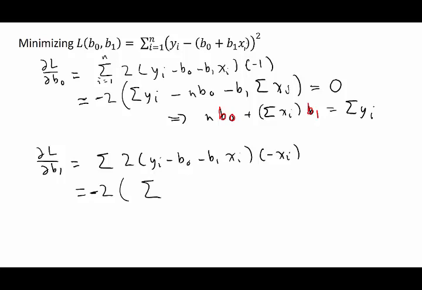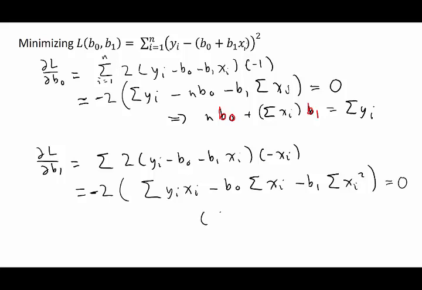Now we need to multiply each of these terms by xi. So I end up with yi times xi, minus b naught times the sum of xi, and then finally, minus b1 times the sum of the xi squared. And we're going to set that equal to 0 as well.